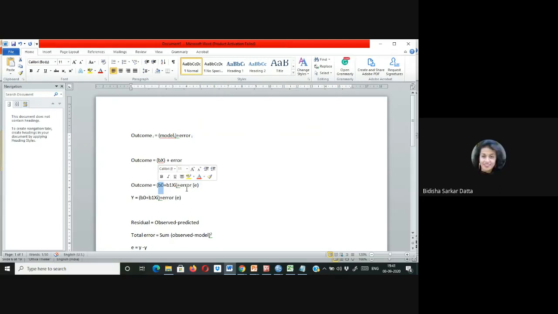Clear? Yes. Now what if the value of x is equal to 0? Only error remains. The total outcome is equal to 0 plus error. Can you predict your outcome? No, only the error remains. So to predict that outcome in case x is 0, you have to bring in another parameter which can predict the value of the entire outcome even when x is 0.